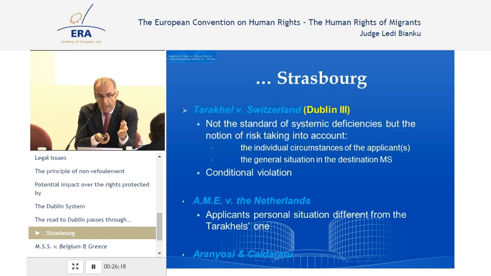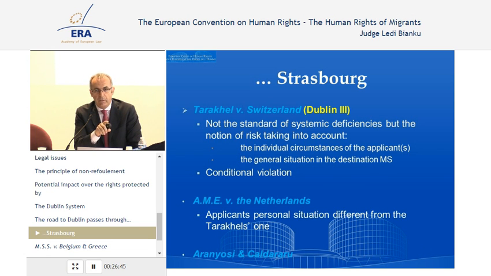In AME versus Netherlands, the applicants were adults, so we decided that removing to Italy is not problematic. This is a case, Aranyosi and Căldăraru, which came out from the Luxembourg court on either the 5th or the 6th of April this year, and is very interesting because it does not concern asylum.